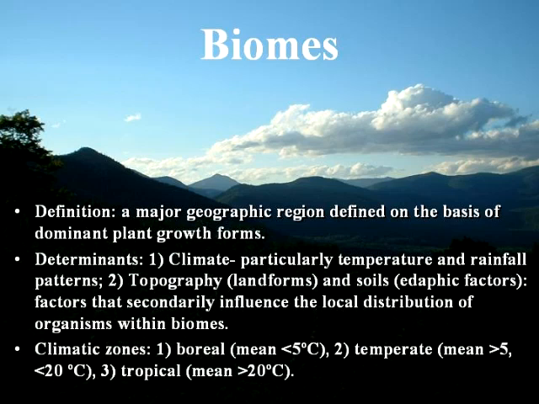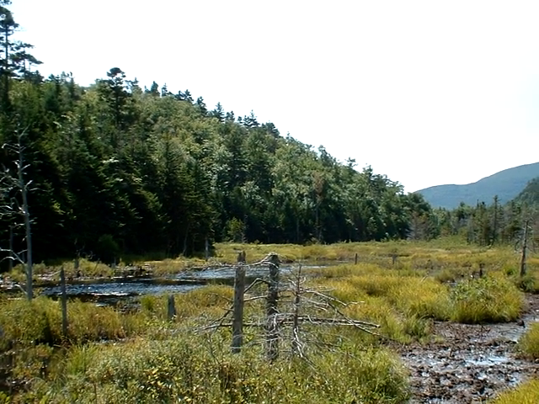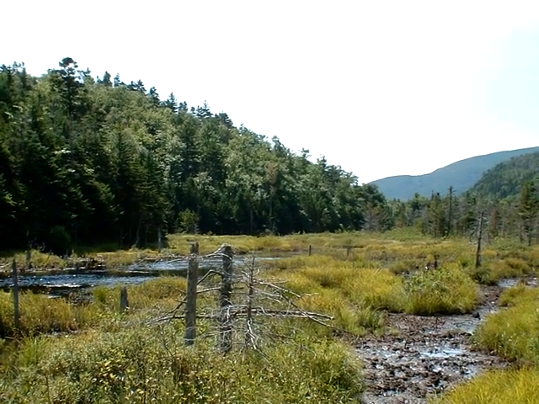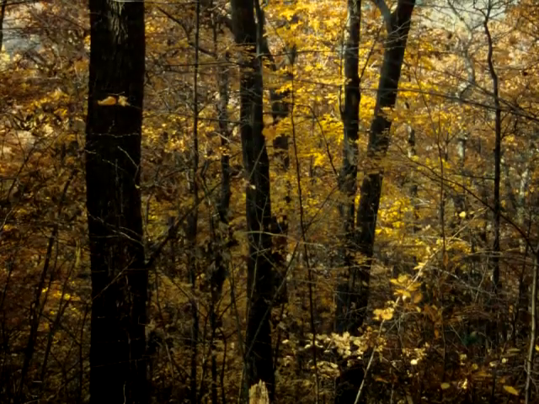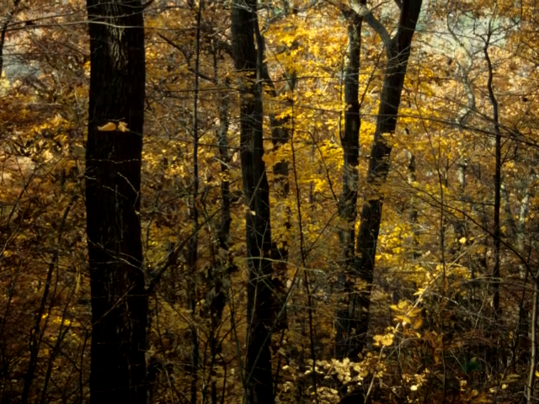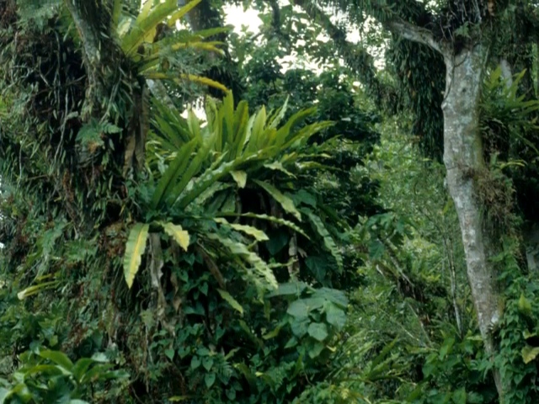The world's major climatic zones have a profound influence on biomes. So we can talk about the boreal zone with mean temperatures less than 5 Celsius, and the temperate zone with mean temperatures above 5 to less than 20 Celsius, and tropical zone with temperatures generally above 20 Celsius.